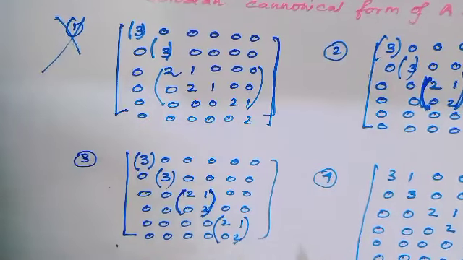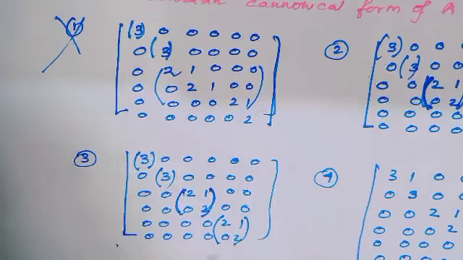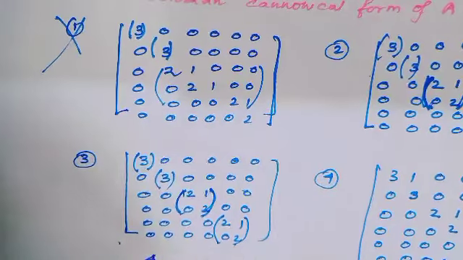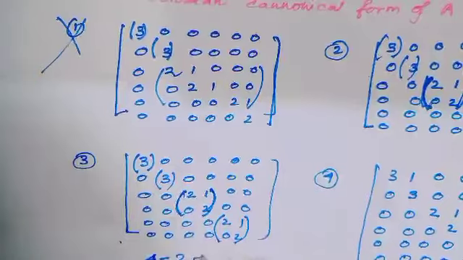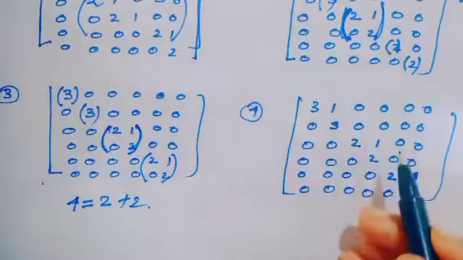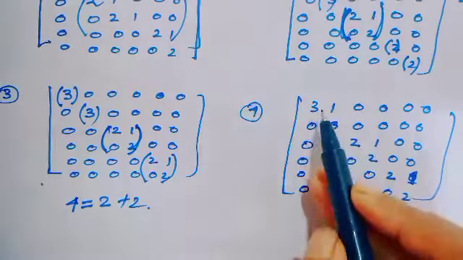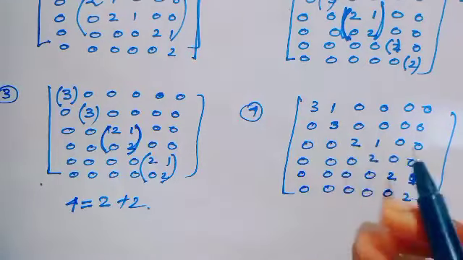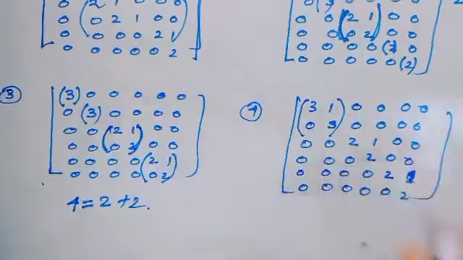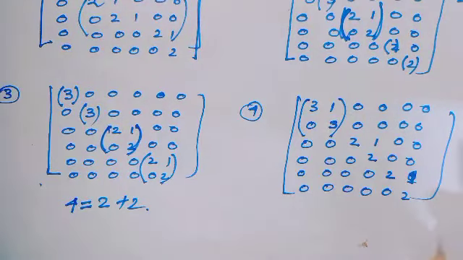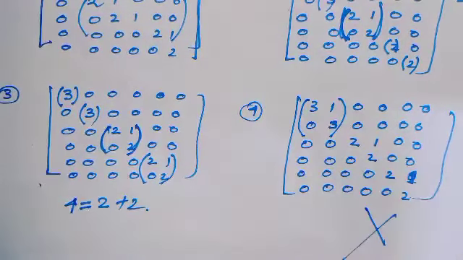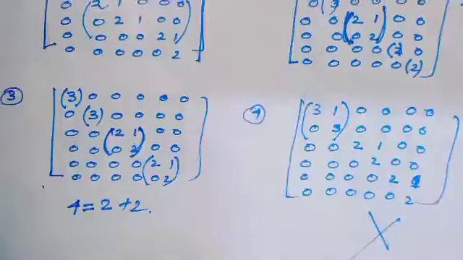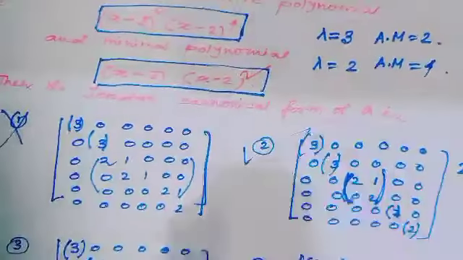This is also a Jordan block of order 2. Okay. And this partition is obviously possible because here 4 equal to 2 plus 2. Okay. And notice the fourth option. Here the order of the Jordan block for lambda equal to 3 is 2. So this is not possible. That means only option 2 and option 3 are the right options.